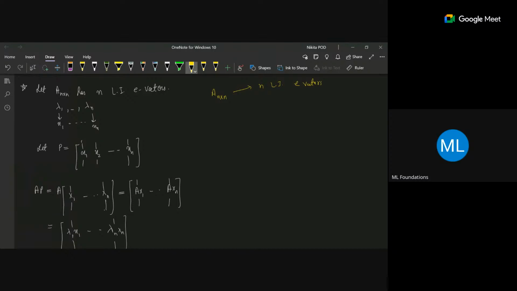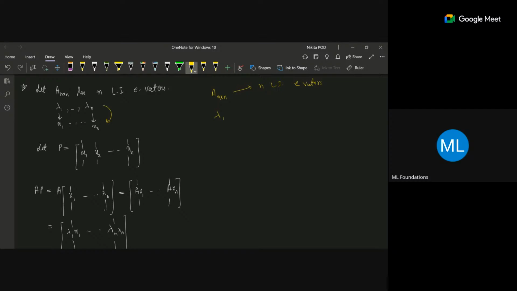So let's say my eigenvalues are lambda 1, lambda 2 up to lambda n, and corresponding to these eigenvalues we have the eigenvectors: for lambda 1 we have x1, for lambda 2 we have x2, up to xn for lambda n.